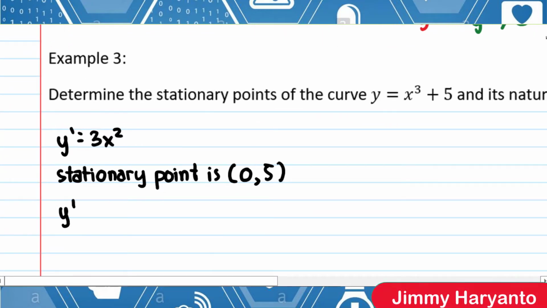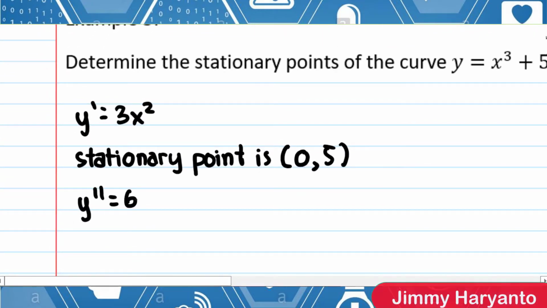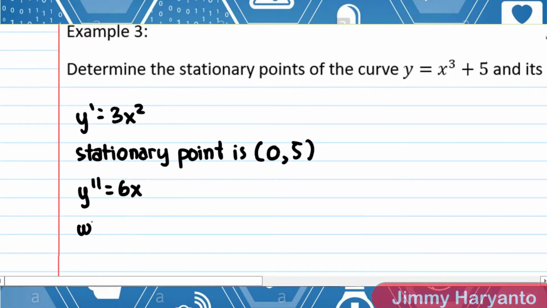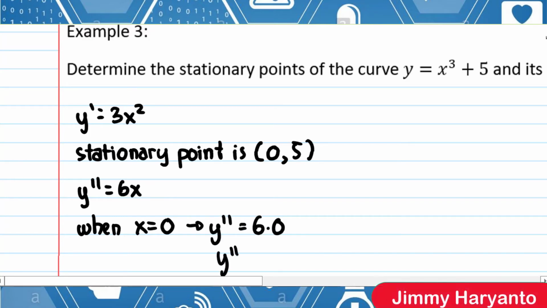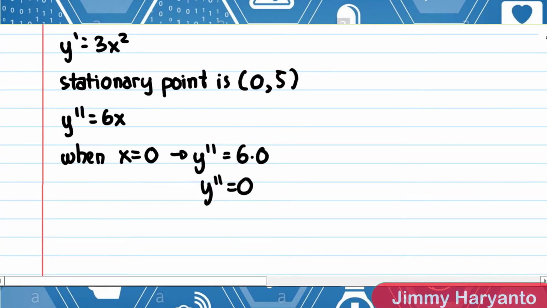Okay, and then the next step will be y double accent equals 6x, and then I can calculate the value of y double accent when x equals 0. When x equals 0, the value of y double accent will be 6 times 0, so y double accent will be equal to 0. And we already know that when we have y double accent equal to 0, that means it's an inflection point.